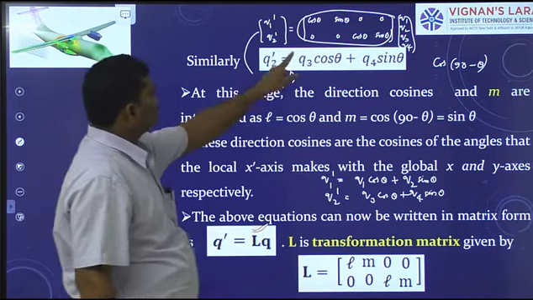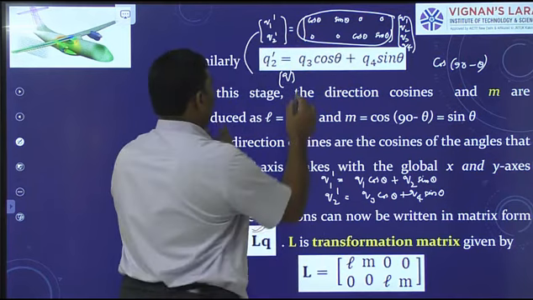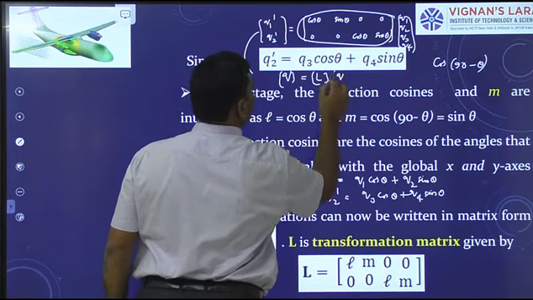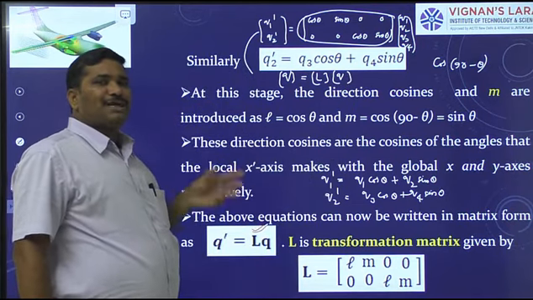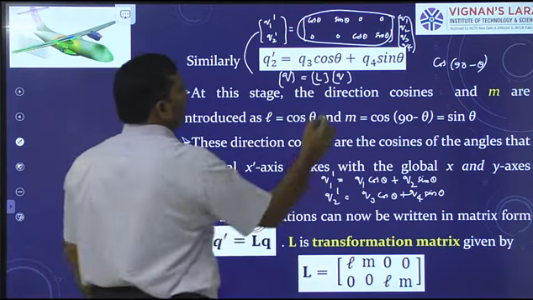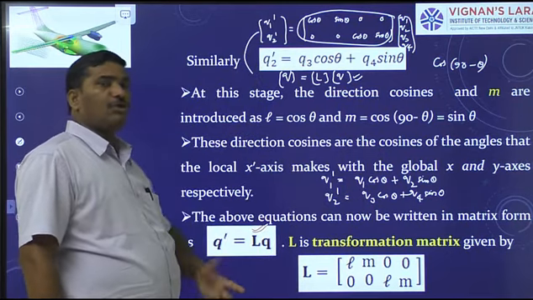So Q dash equals the transformation matrix L into the matrix Q. Q dash is the element displacement vector defined with respect to local reference frame, and Q is the element displacement vector defined with respect to global reference frame.